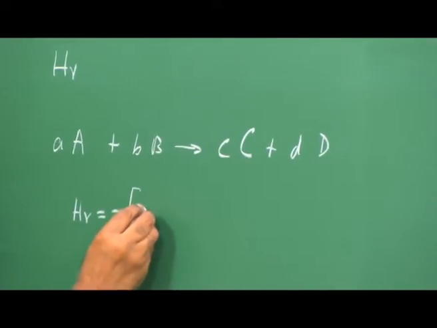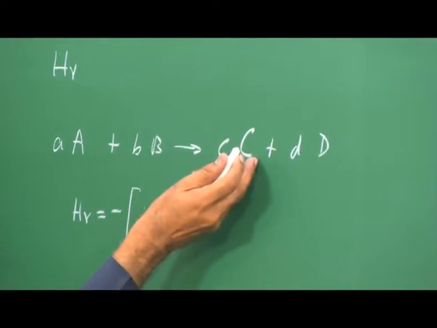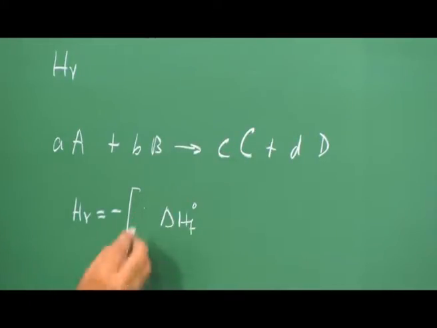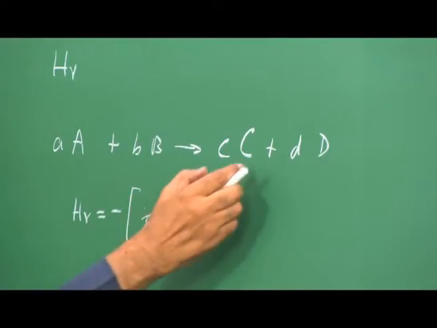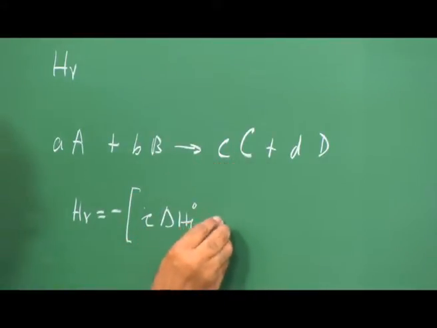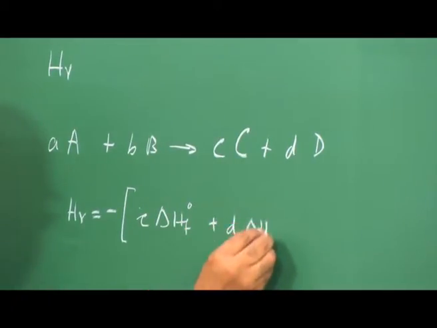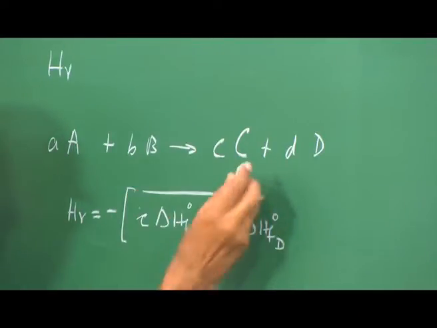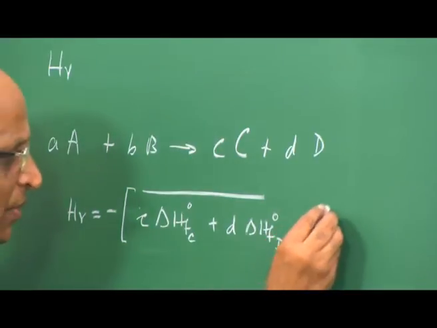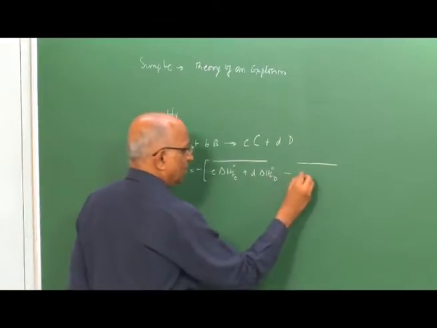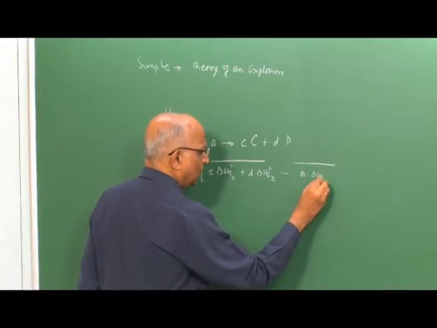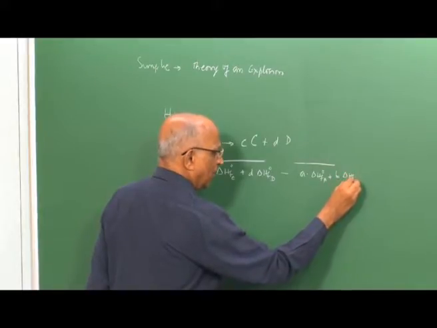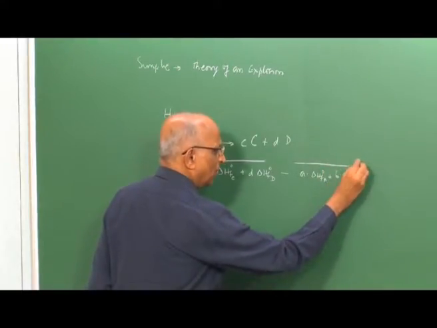That means we have per mole of C, the standard heat of formation, delta H_f at standard conditions, into c moles, that is the total for these c moles, plus I have d moles with the heat of formation at standard conditions for D. This was for the products, and I have minus the heat of formation of the reactants, which is equal to a into the heat of formation under standard conditions for A plus b moles into the heat of formation under standard conditions for B.